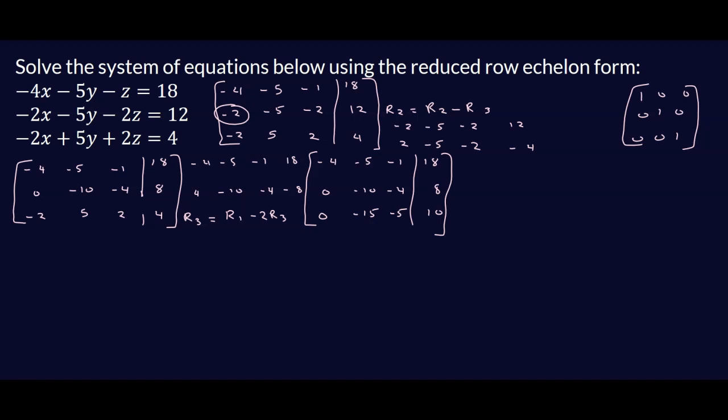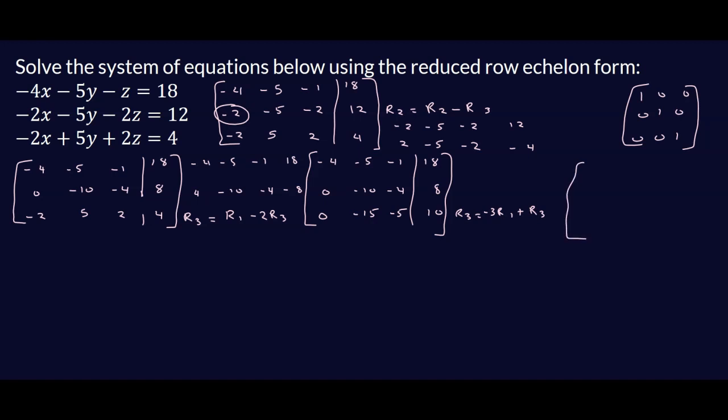It won't make much of a difference to what we're going to do next. So what we can do here is say row 3 is equal to 3 row 1, or let's say negative 3 row 1 plus row 3.